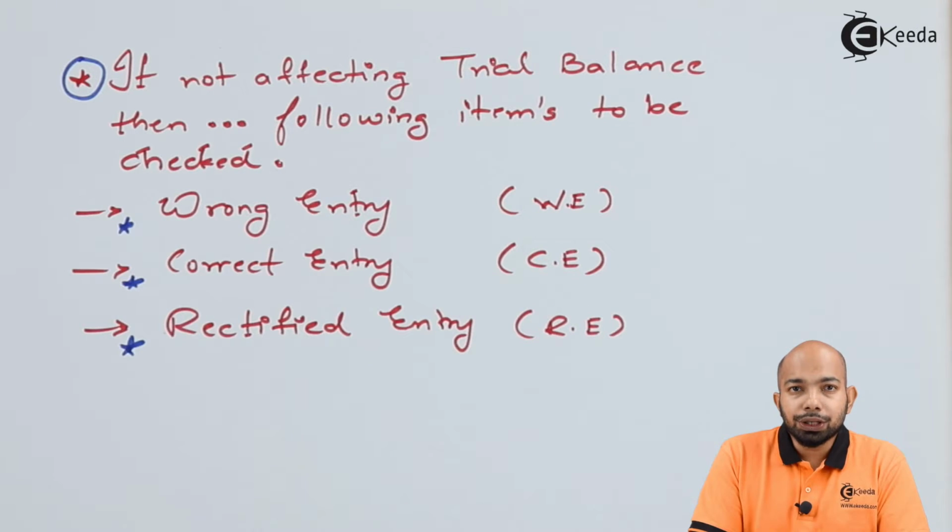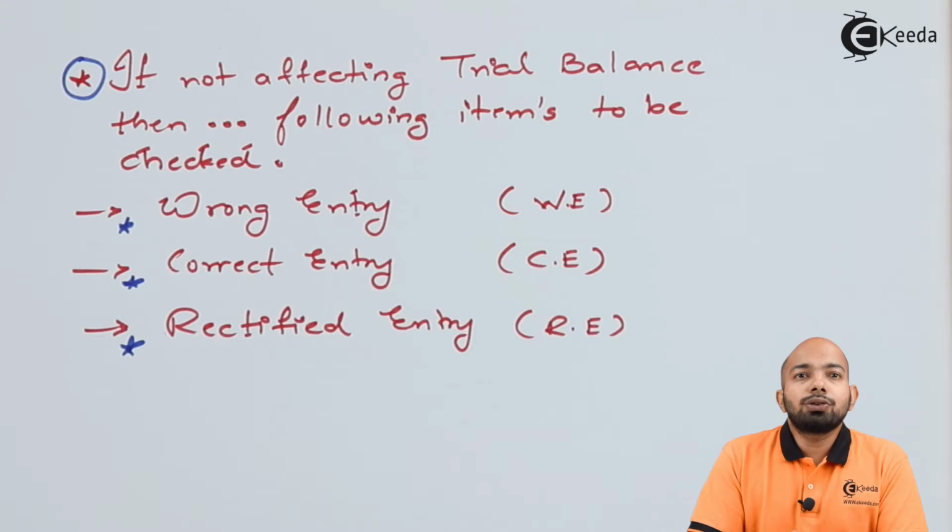If we have any situation where errors are not affecting the trial balance, that means the second case where two or more accounts are already affected because of this, we need to go ahead and check further on how these transactions are not hampering.